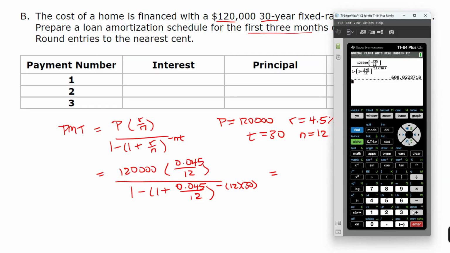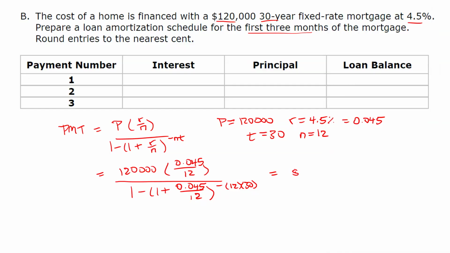All right, $608. Well, it says round entries to the nearest cent, so we can round to the nearest cent for this one. So that's $608.02. Okay, so that's our monthly mortgage payment, and that's what we're going to use as we start our problem.